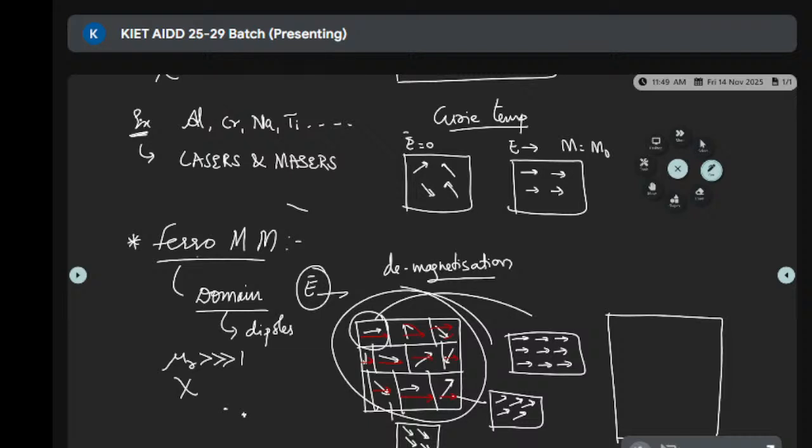Paramagnetic substance: positive and small. Ferromagnetic substance: positive and large. Examples for ferromagnetic substances: iron, cobalt, nickel. This is also temperature dependent. Ferromagnetic materials are also temperature dependent.